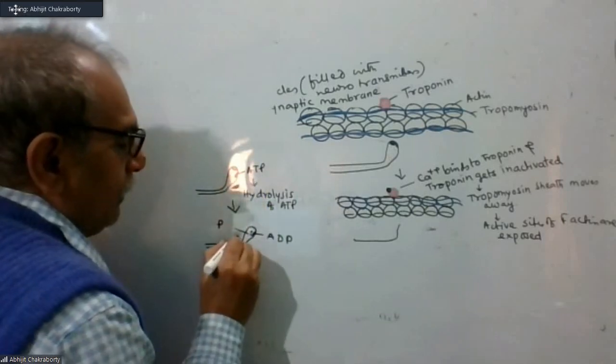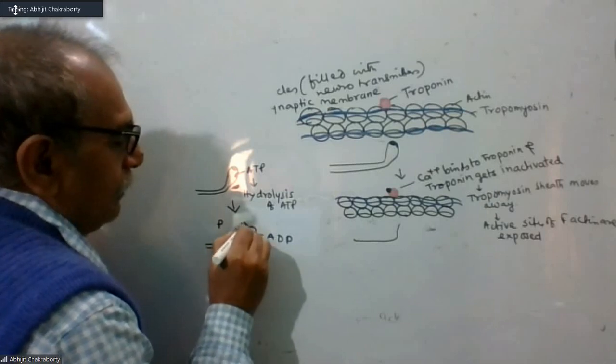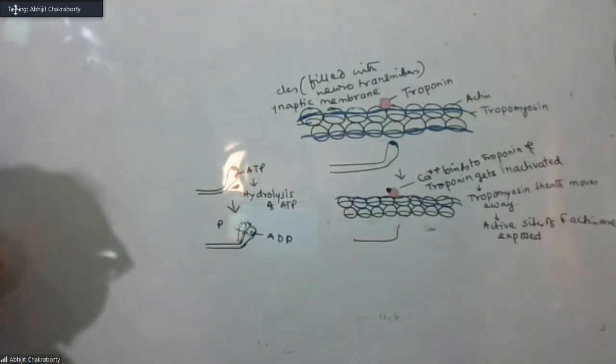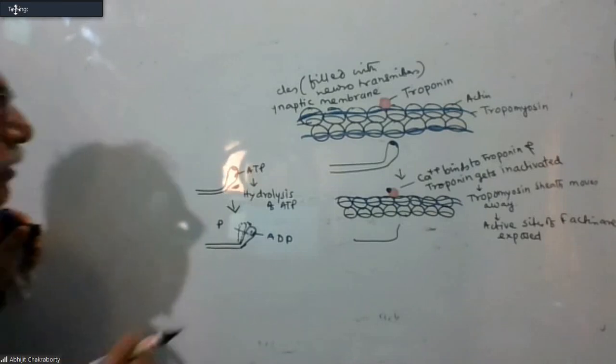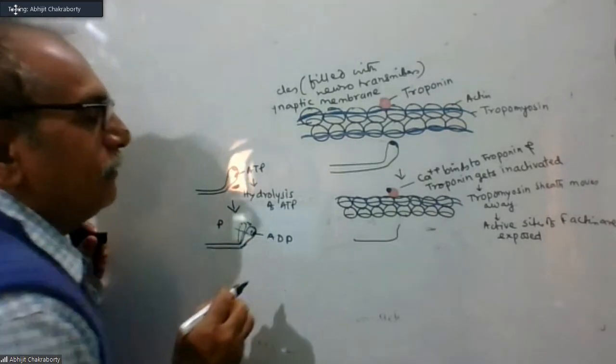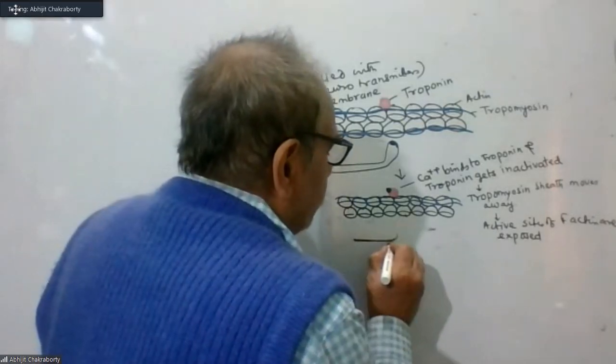That means it was like this. Now it is shifted like this. Clear? Pivoted. Once it's pivoted, in this diagram we can draw it like this.